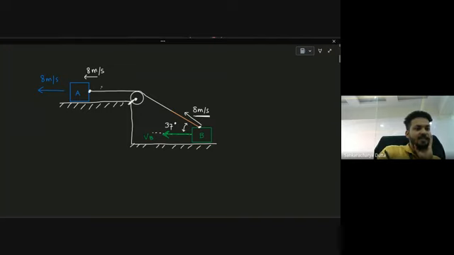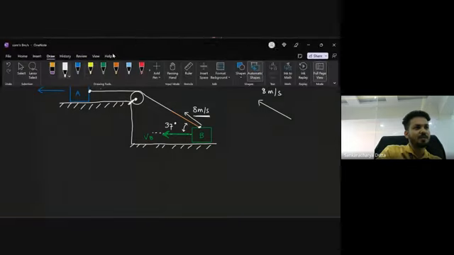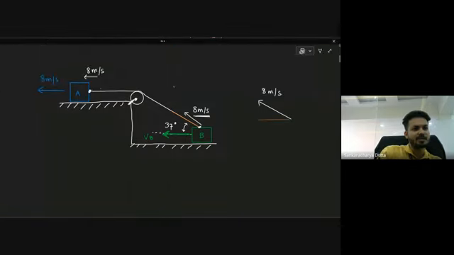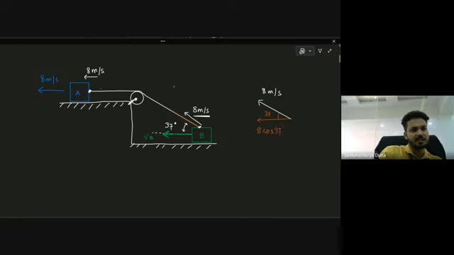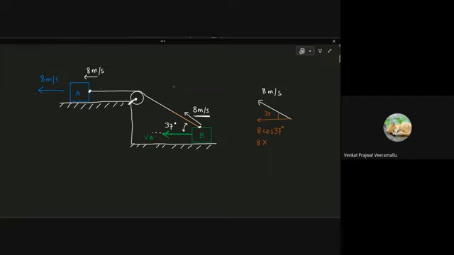Now, they will say that the component of this 8 meter per second along the horizontal, if I resolve this 8 meter per second in two directions, one like this and one like this. So this is 8 meter per second like this. If I break it into components, one component will be along this, and this angle being 37 degrees means this is going to be 8 cos 37. How much is that? It's 6.4 meters per second.